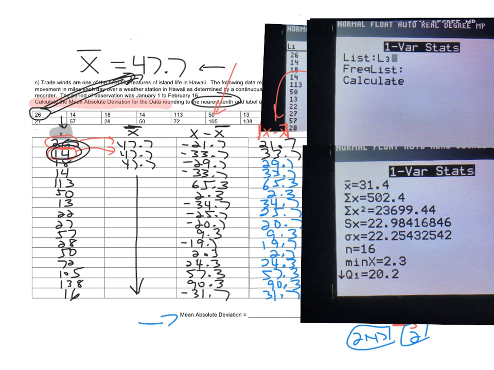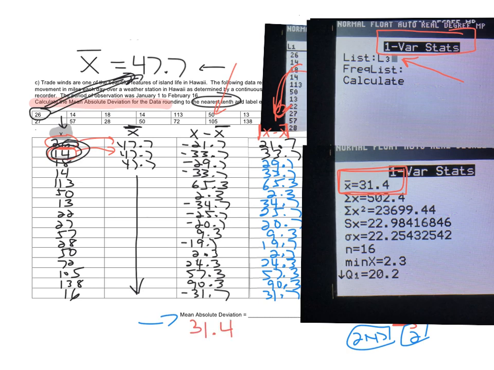And to get your answer, you're going to go to your 1-Var Stats, use this list 3, use these positive data values, and find the average, which in this case is 31.4.